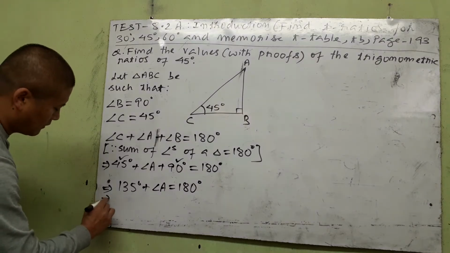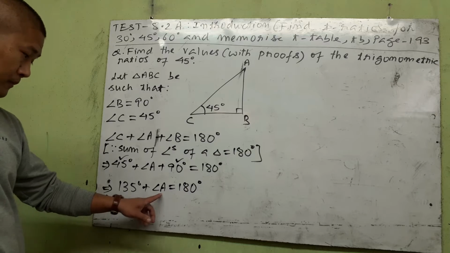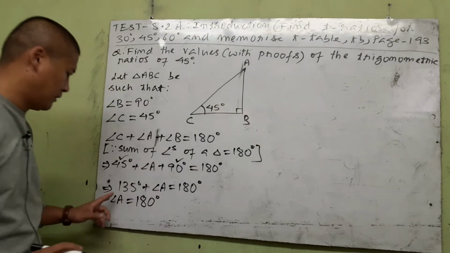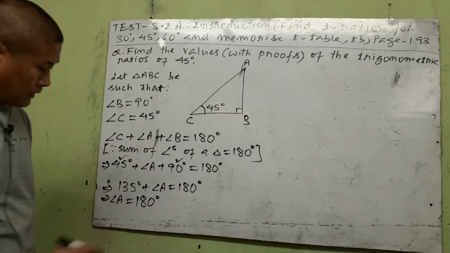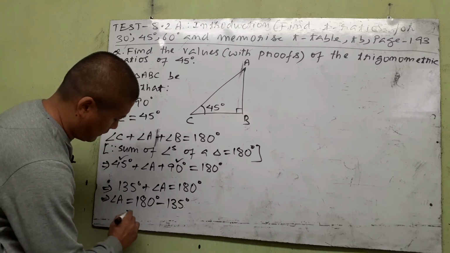So we have angle A on the left side, and 180 degree on the right side. If we move this plus 135 to the right side from the left side, it will become minus 135 degree.